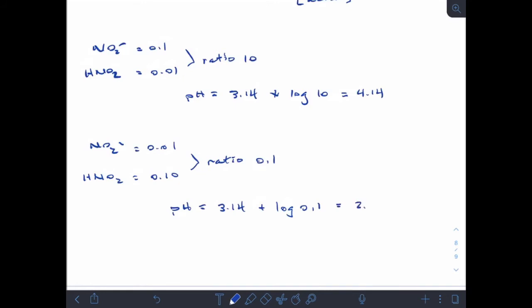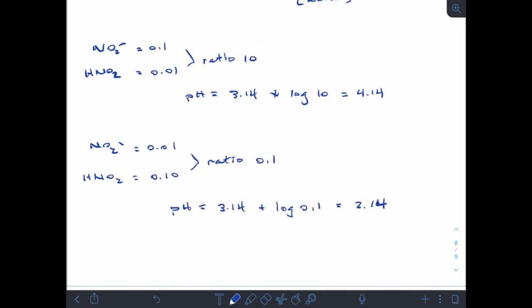The answer to that is 2.14. So all you need to know about the possible range of a buffer, how far it's likely to be able to function, is plus or minus 1 unit from the pKa. So if my pKa is 6, my buffer will work up to 7 and down to 5.